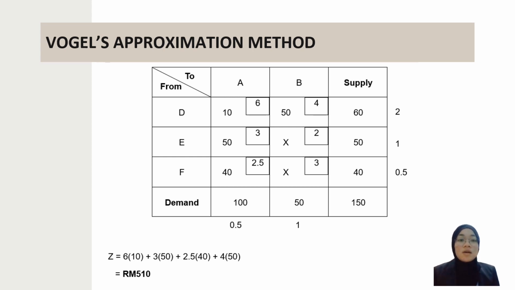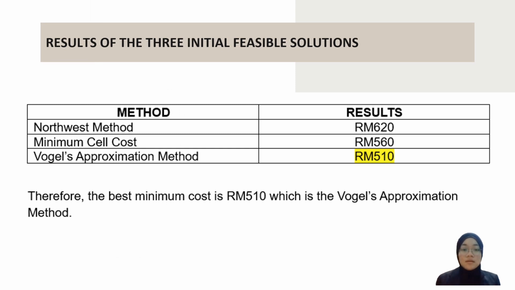Then we calculate the cost: 6 times 10 plus 3 times 50 plus 2.5 times 40 plus 4 times 50 equal to RM 510. Finally, we get the results of the 3 initial feasible solutions.